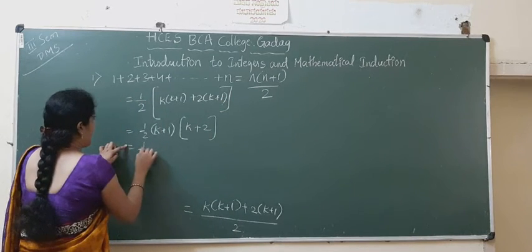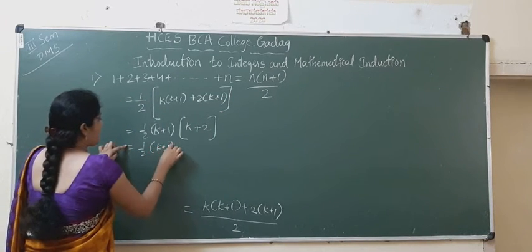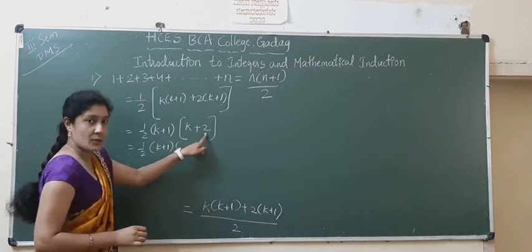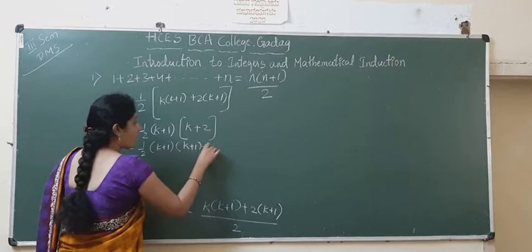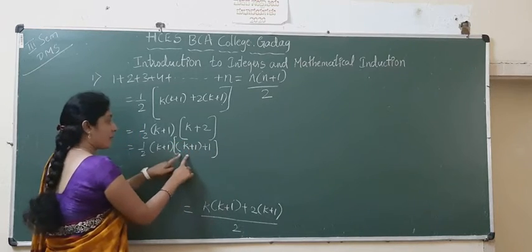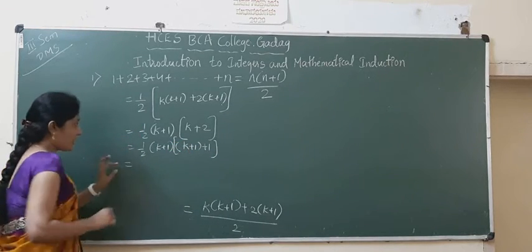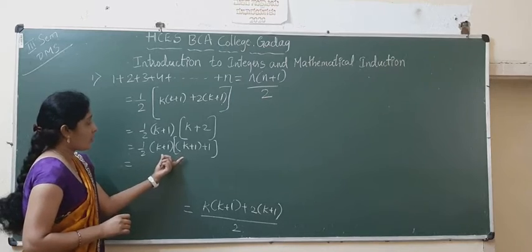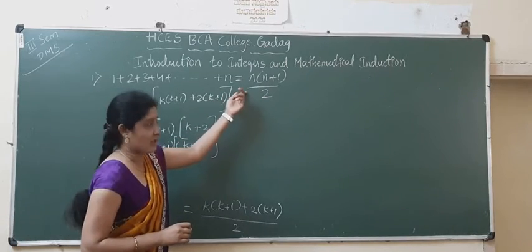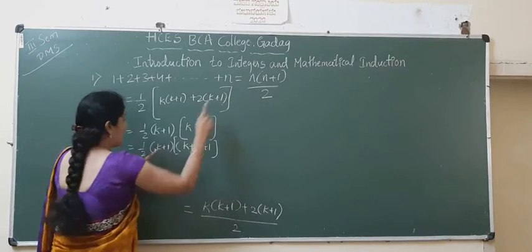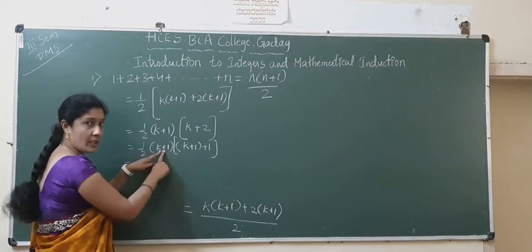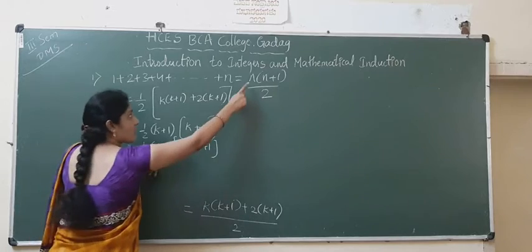So, now, let me write this. I will write this k plus 2 as k plus 1 plus 1. Both are the same. So now, compare this with your initial equation. See, as we know that n is replaced by k plus 1. So you have to consider k plus 1 as n.